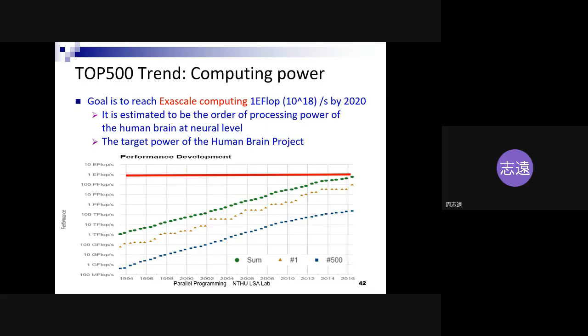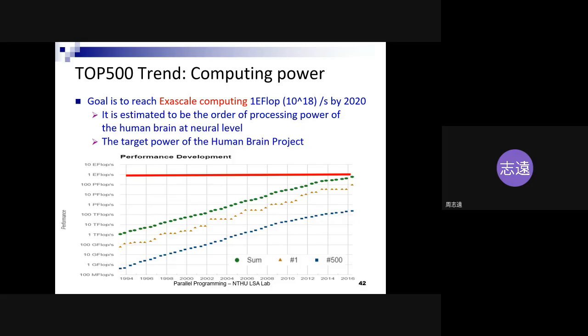And why exascale? What happens if we build such a machine? This is actually one of the goals from the United States, a national project called the Human Brain Project. It's a target from that national project.